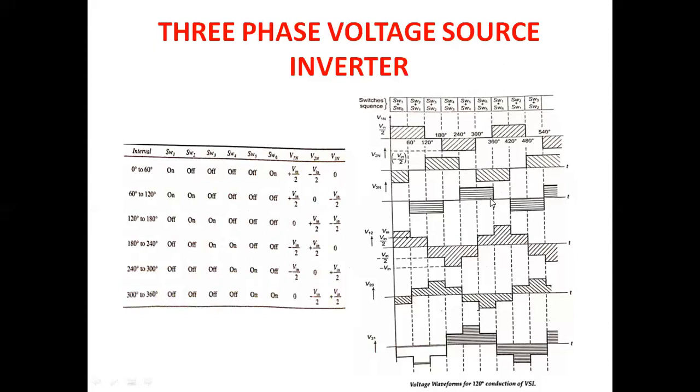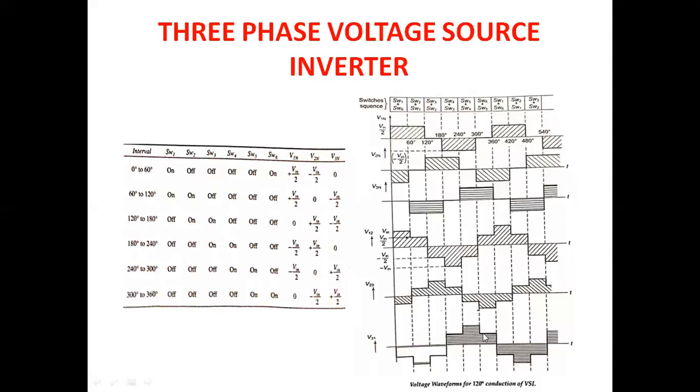So V12 is Vin by 2, that one. V23 is minus Vin, that portion, and V31 is Vin by 2, this portion.